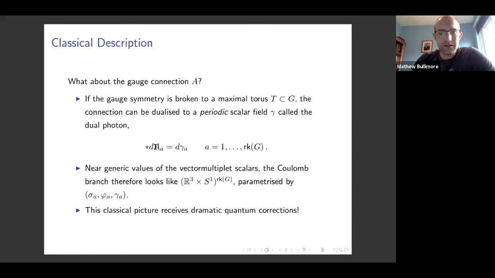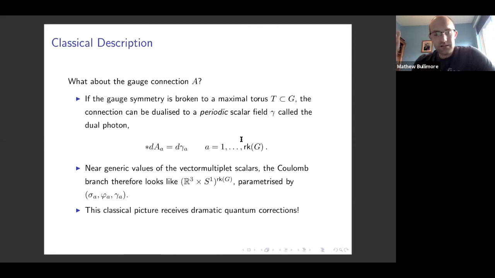Okay, that makes sense, because A is a connection, which is a 1 form. Its curvature dA is a 2 form. If I take the Hodge star of that, that's a 1 form again. And if I write that as d of something, then that something should be a scalar. And if you do things carefully, this scalar should be periodic.